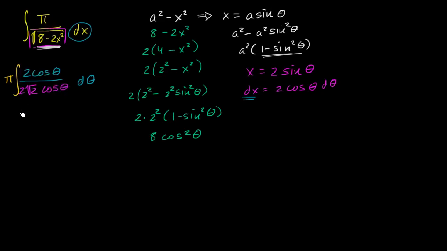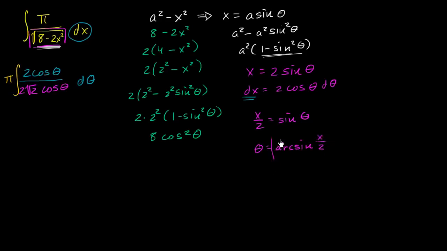Now you might be saying, hey, wait, if I take the square root of something squared, then wouldn't that just be the absolute value of cosine theta? In order to take away the absolute value, I would have to assume that cosine theta is positive. But we can make that assumption, because if we look at this part of our substitution and solve for theta, you divide both sides by 2, and you get x over 2 is equal to sine of theta, or theta is equal to arcsine of x over 2.